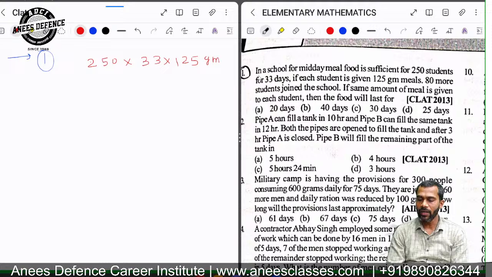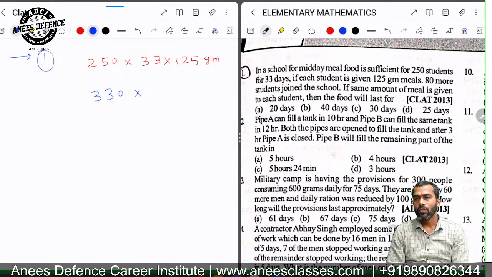And now in the second case, the meal is fixed. Yes or no? In the second case, 80 more students join. So how many students are there now? 330 into.